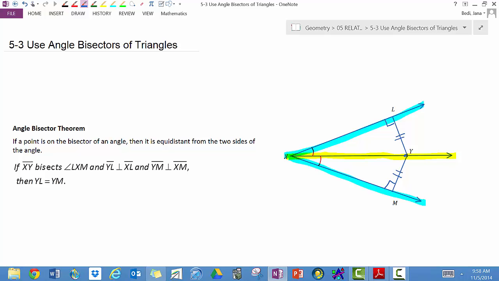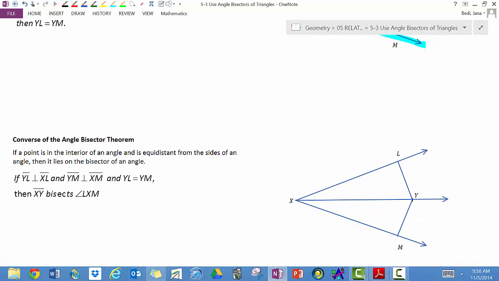Look at the right angles at L and M. So if ray XY bisects angle LXM, and segments YL and YM are perpendicular to sides XL and XM, then YL equals YM. This is useful in finding distances.